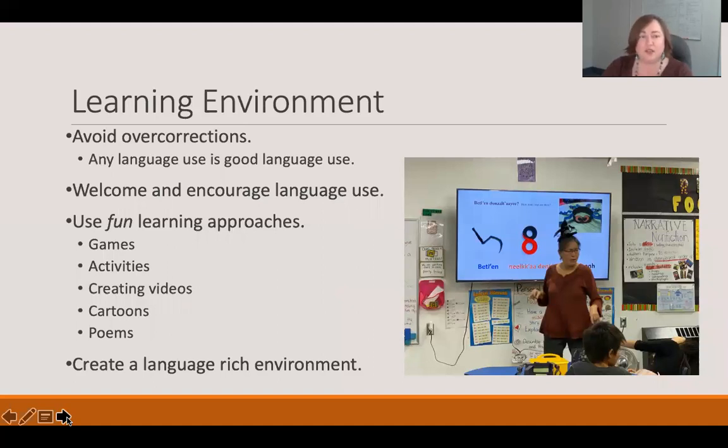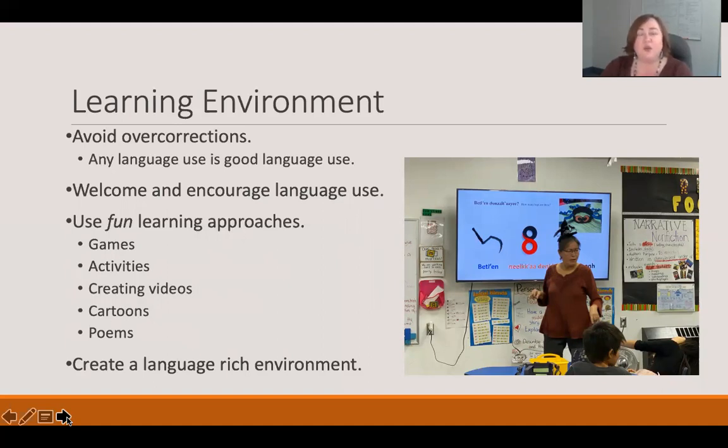And the 3-year-old says, that's what I said, we goed to the store. Right? So it doesn't actually get them to notice it. Noticing occurs more when we notice that our language doesn't match our intended language. So if we can avoid overcorrecting, that will help create a positive environment.